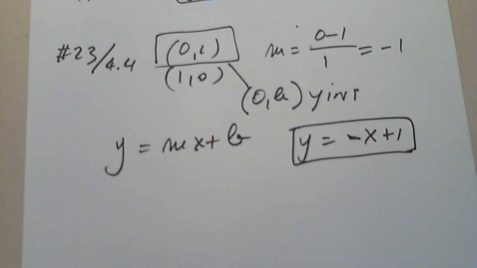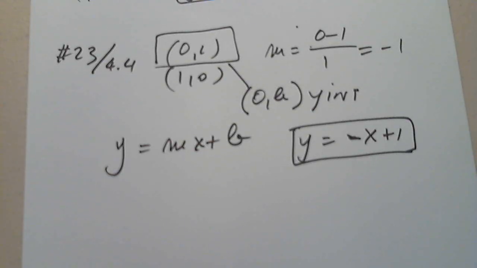Good? Moving on. Any questions, anybody? Good. Find the slope and y-intercept of the line whose graph is shown to the right.